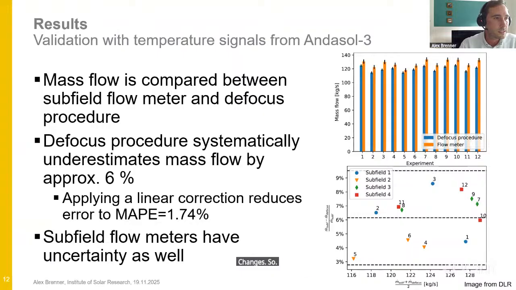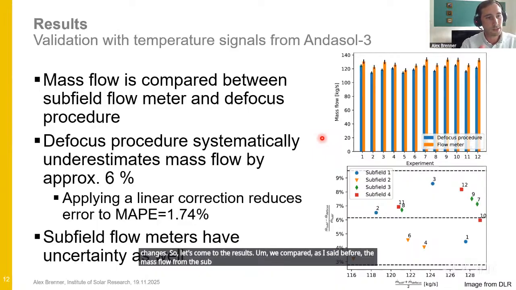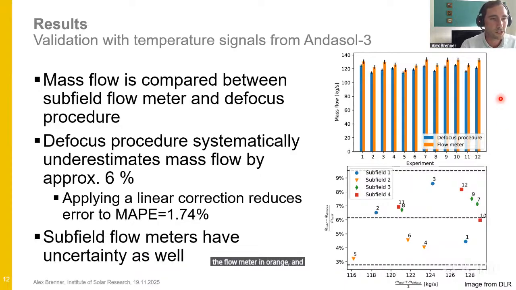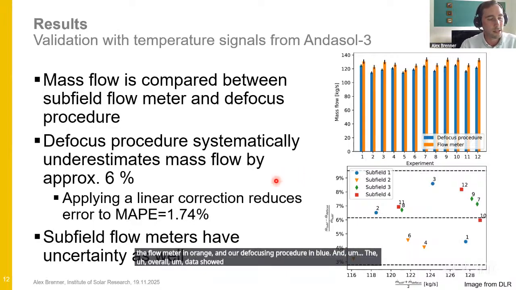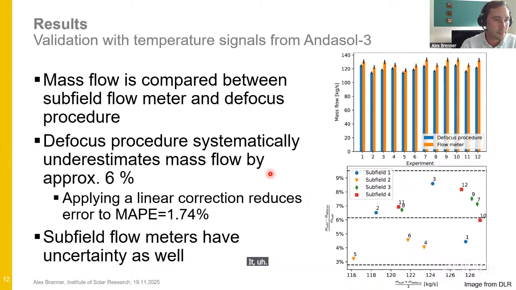So let's come to the results. We compared, as I said before, the mass flow from the subfield flow meter with our defocusing procedure. In the bar plot on the right, we see the flow meter in orange and our defocusing procedure in blue. And the overall data showed us that our defocusing procedure systematically underestimated the mass flow by approximately 6%.